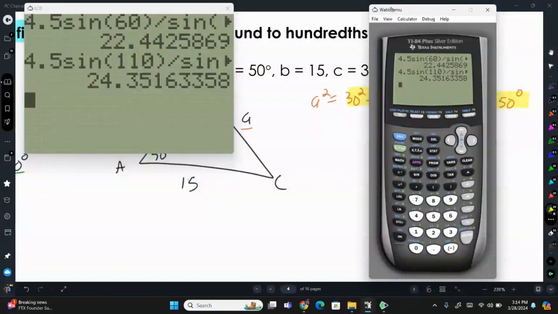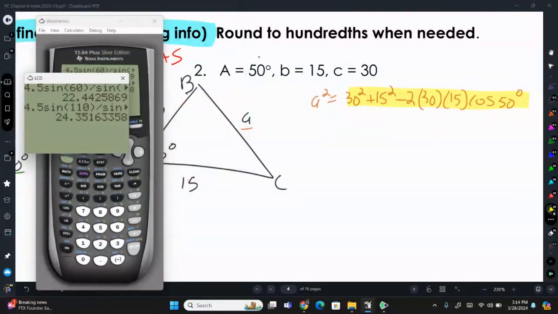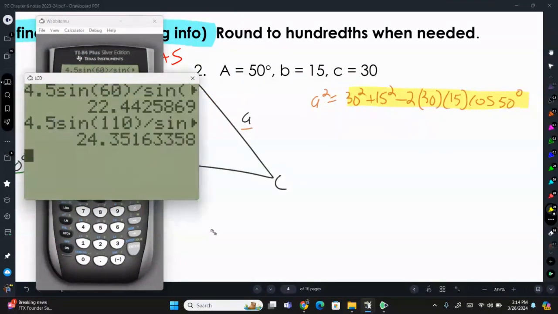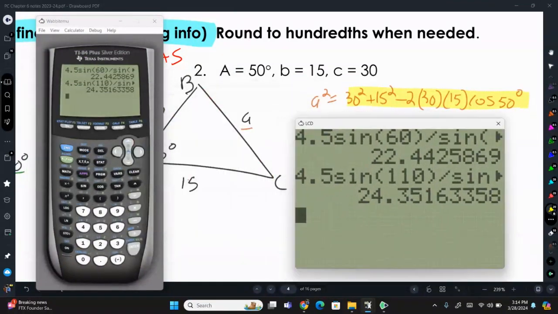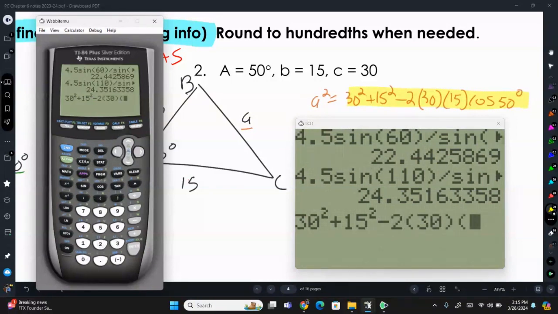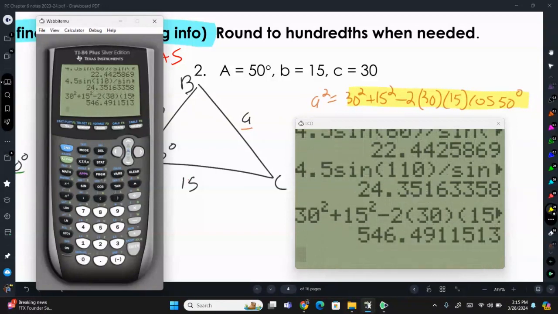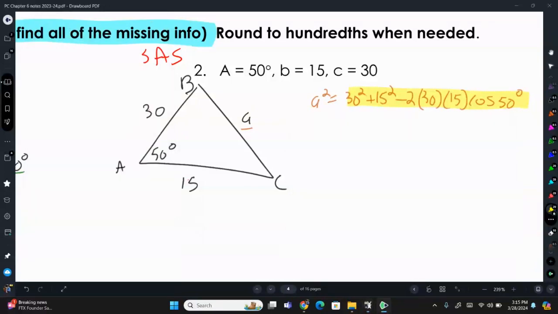So now in the calculator, we have 30 squared plus 15 squared minus 2 times 30 times 15 times the cosine of 50 degrees. And that gives us 546.49.